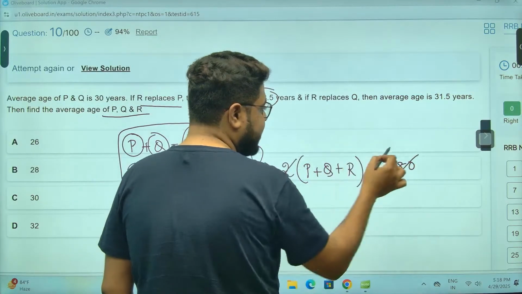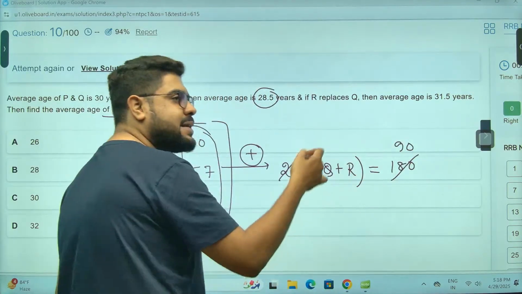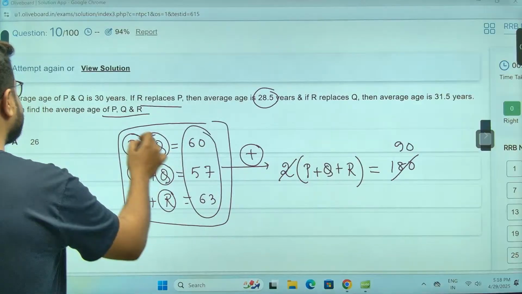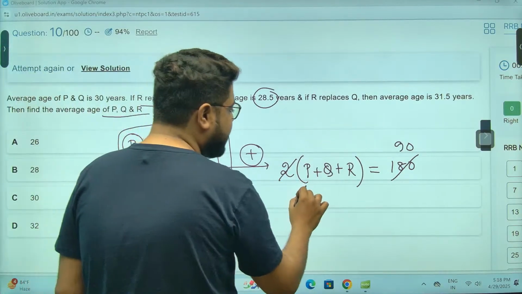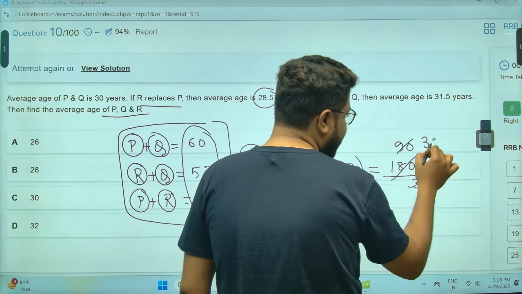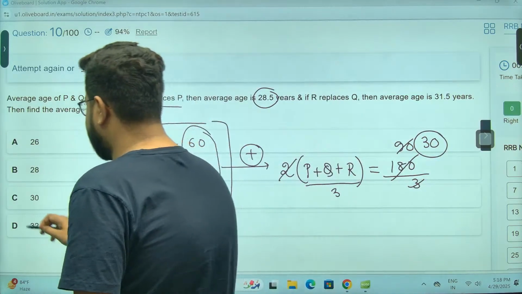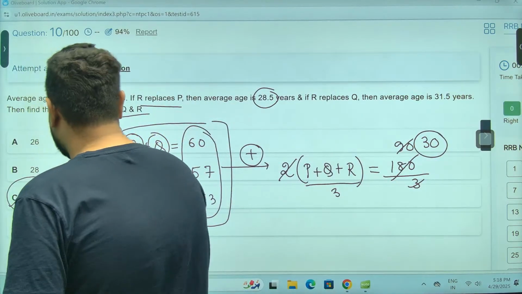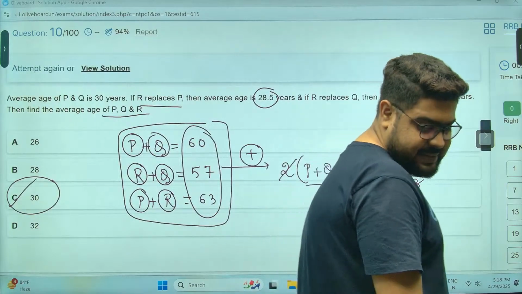So this is 90. P plus Q plus R is 90. They are asking the average, so divide by 3, it is 30, sir. So the answer to your question is 30. Simple.